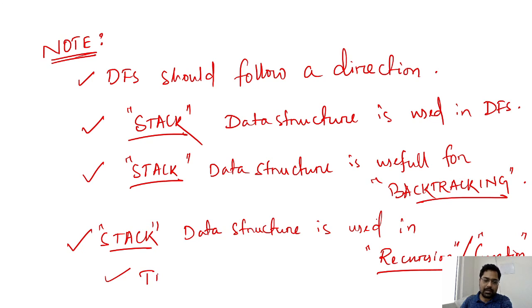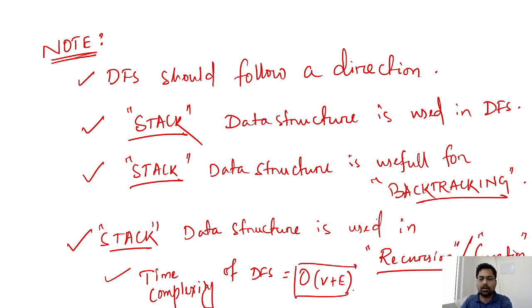And the time complexity of DFS is big O of V plus E or N plus E, or you can say V plus E or N plus E is for adjacency list. If you are using adjacency list, how and why, you may go to the introductory video of graph.